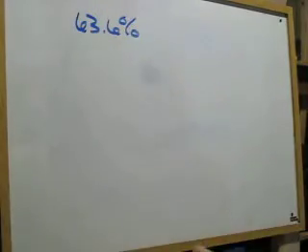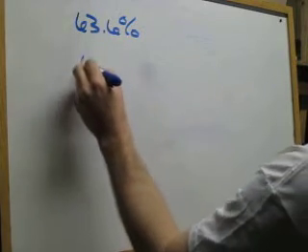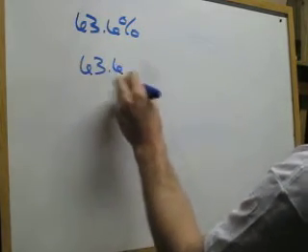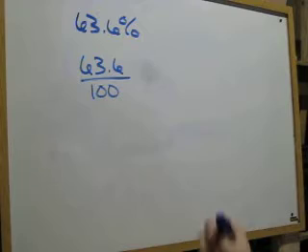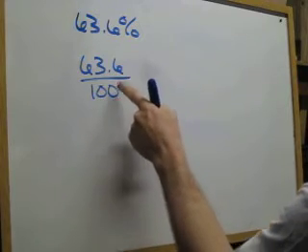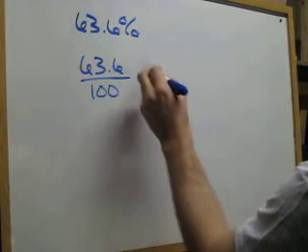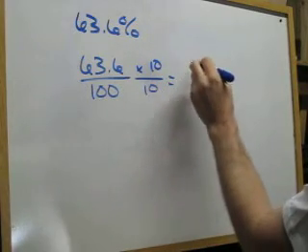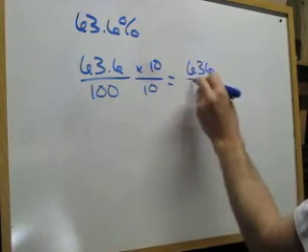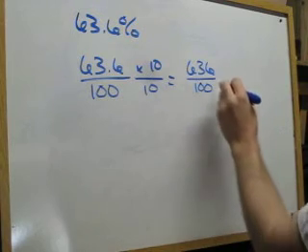63.6%. And if we're going to change that to a fraction, we're going to write it as 63.6 over 100. And then we'll go from there. Again, we can't leave it as a fraction because it has a decimal, so we're going to multiply that by 10 and that by 10, which gives me 636 over 1,000.